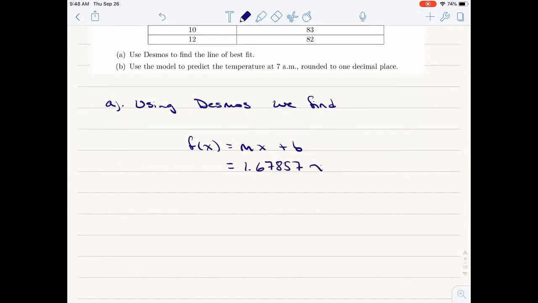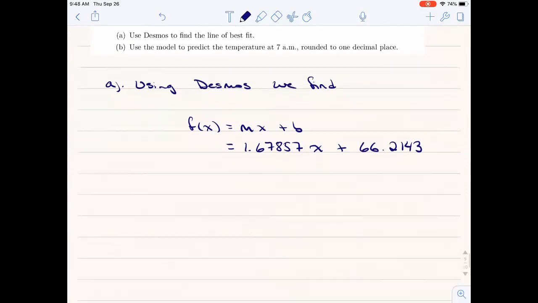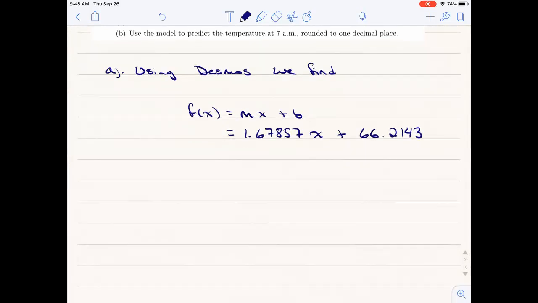So 1.67857 x plus the intercept, which was 66.2143. Awesome. So this is our line of best fit. It also gives you the r squared.